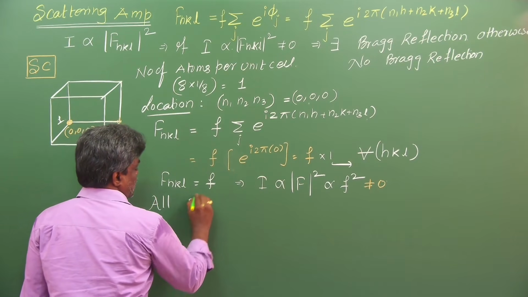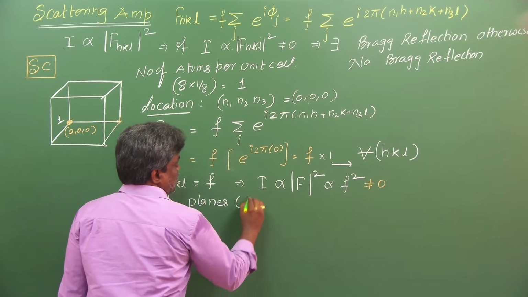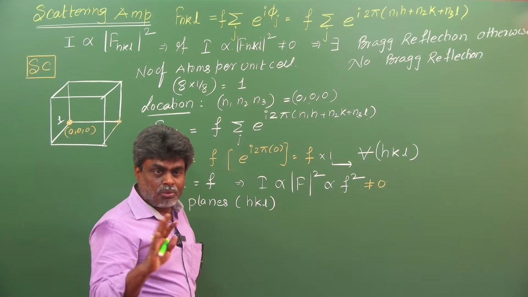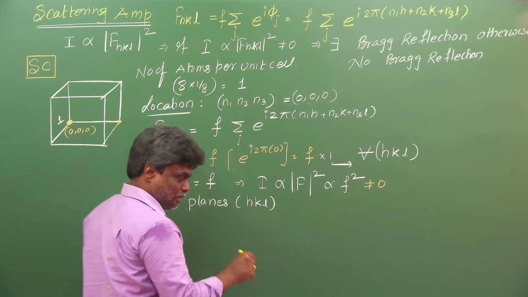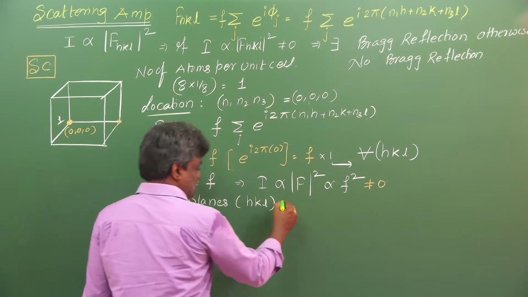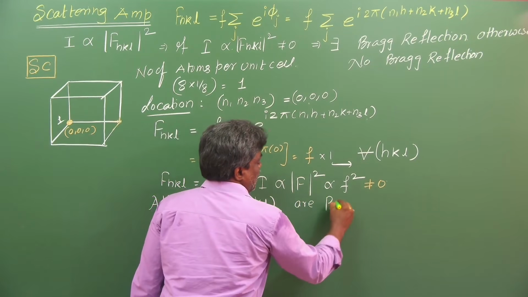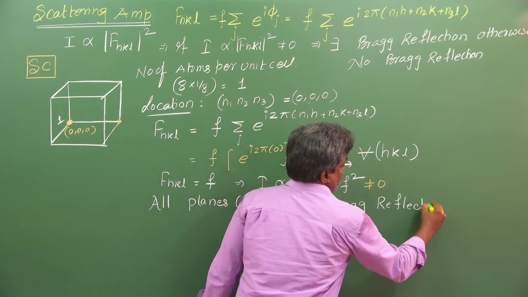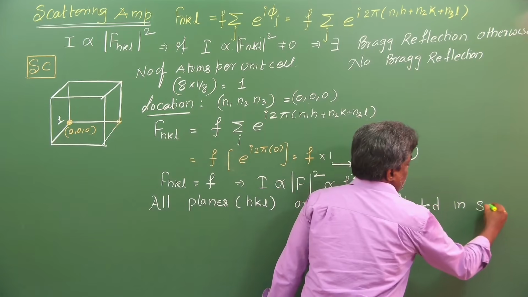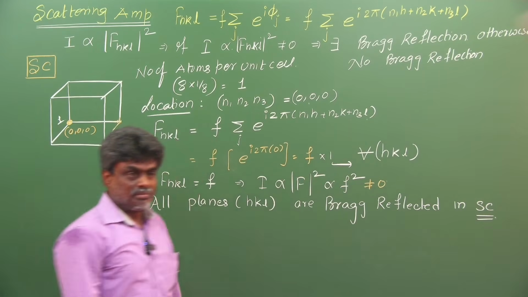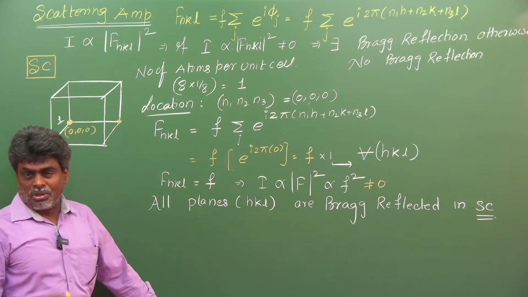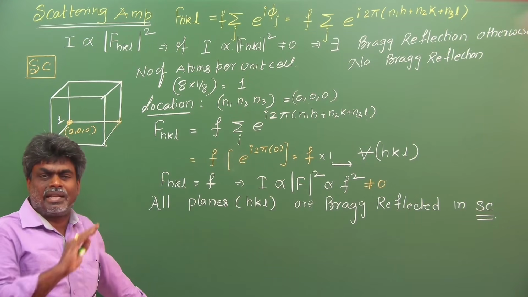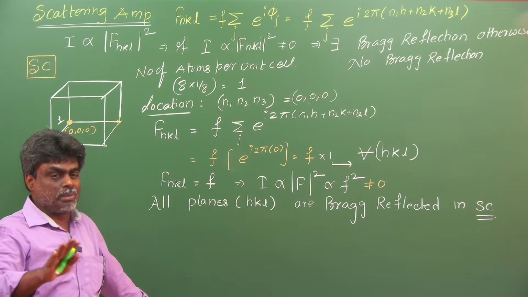All planes. I will tell you what planes exist. Whatever you wish, it won't exist. There will be an order. Okay, I will tell you what that is. All planes are Bragg reflected. In which cell? In which unit cell? Simple cubic. Is that clear? 1 0 0, 1 1 0, 1 2 3, 1 1 2, 2 1 1, something like that. All the planes are getting a Bragg reflection in simple cubic.